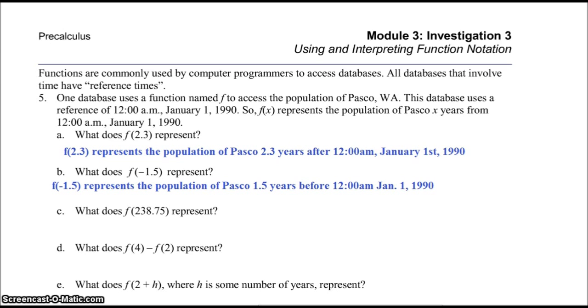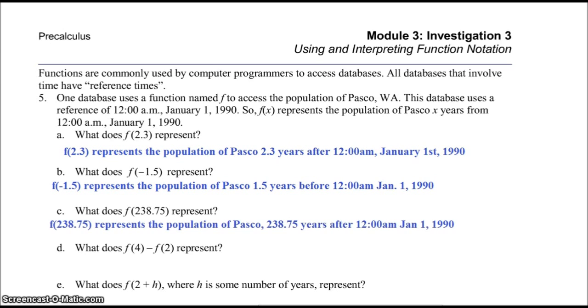Part C, what does f of 238.75 represent? That's simply the population of Pasco 238.75 years after 12 a.m. January 1st, 1990. What does f of 4 minus f of 2 represent? This simply represents the change in population from 2 years since 1990 to 4 years since 1990.